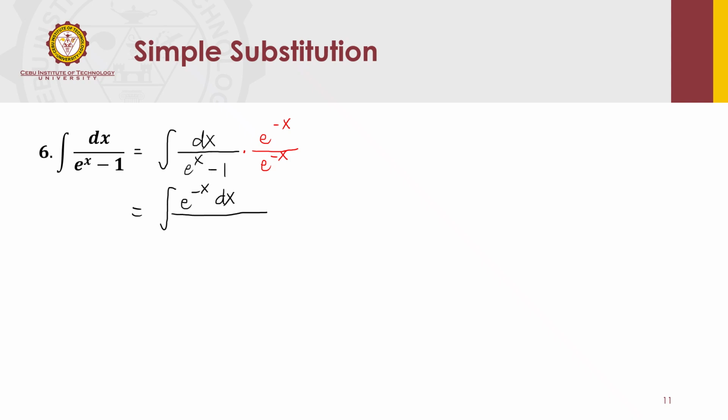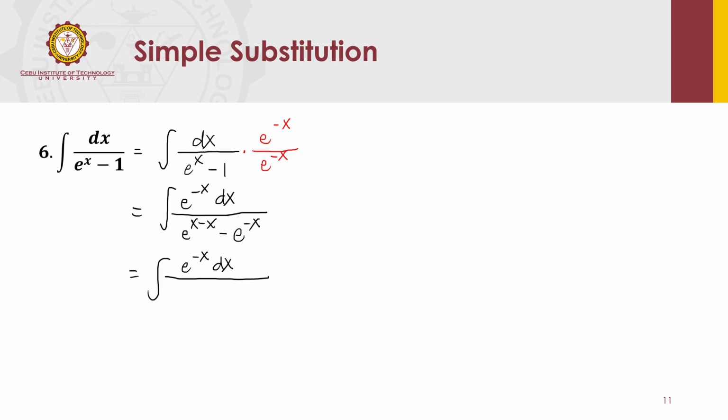So the first term becomes e to the 0, or basically that's equal to 1. So that's e to the x minus x, or e to the 0, equal to 1, and then minus 1 times e to the negative x. So the e to the positive x is gone and is replaced with e to the negative x.